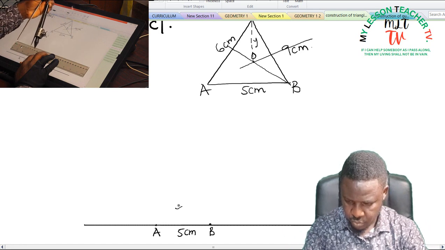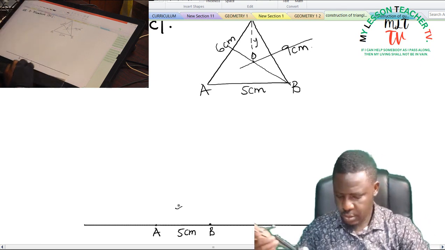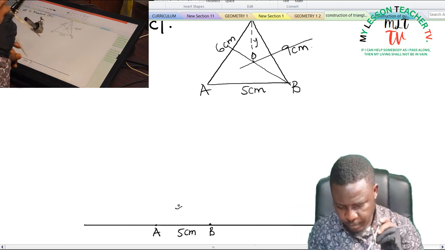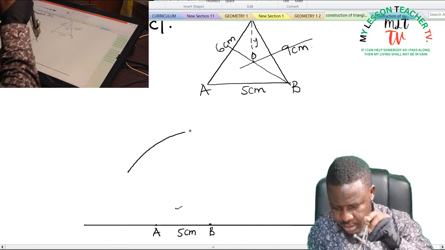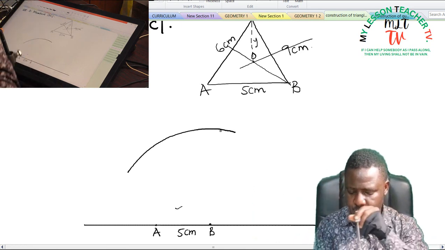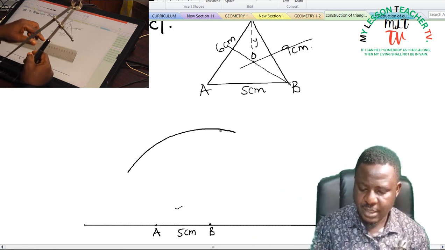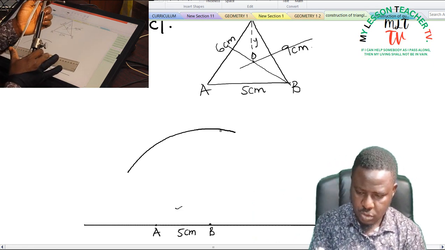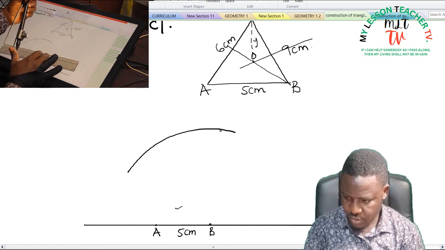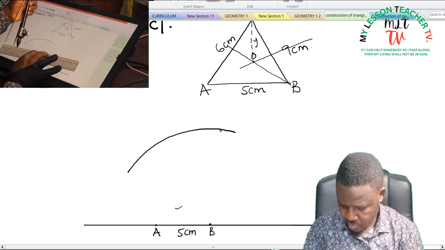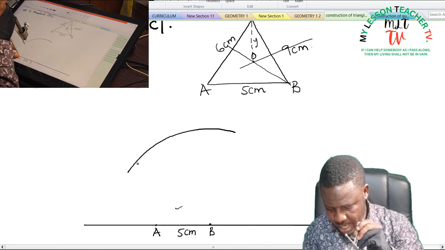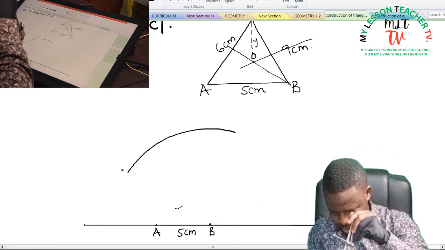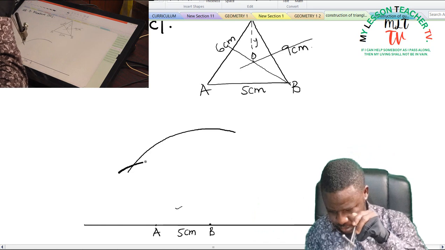So you extend it. I've gotten 9 centimeters. So with B as center, you construct an arc. Now this gives me a range of distances 9 centimeters away from B. You also do the same 6 centimeters away from A. So let me get a radius of 6 centimeters. So this is 6 centimeters. So with A as center, you construct 6 centimeters.